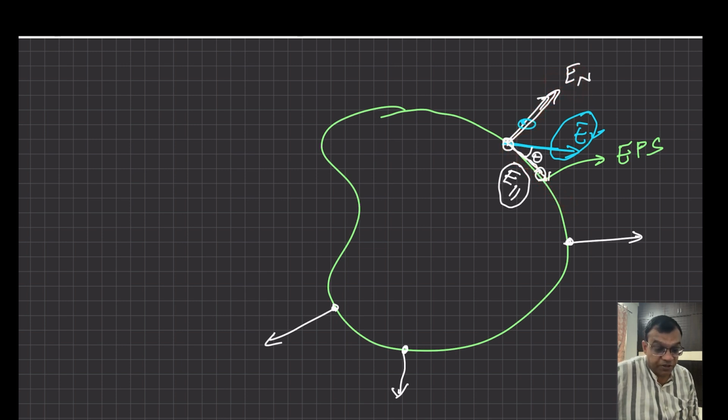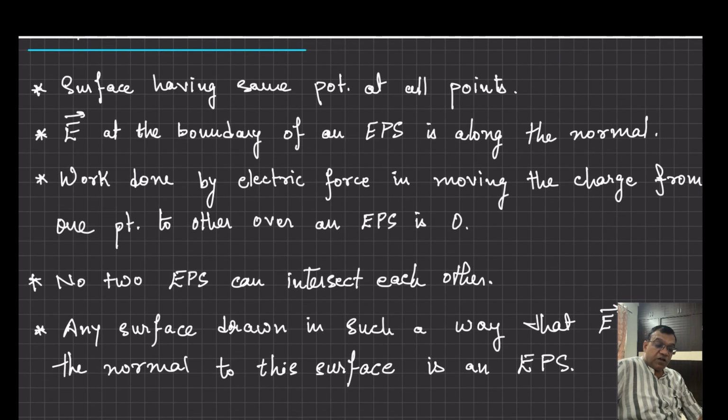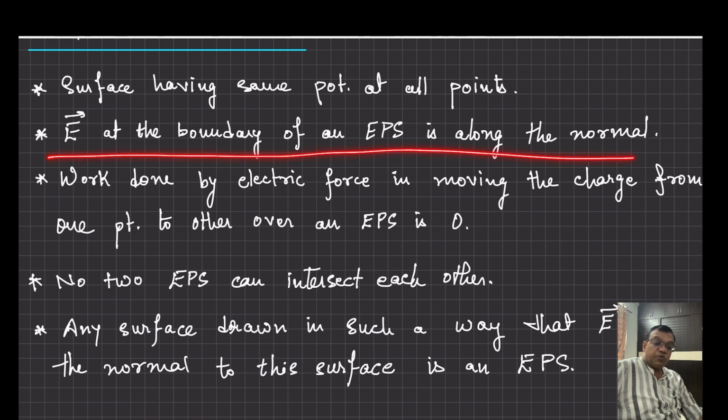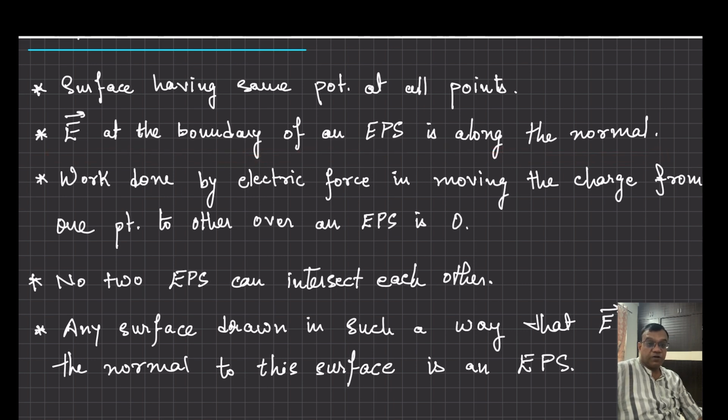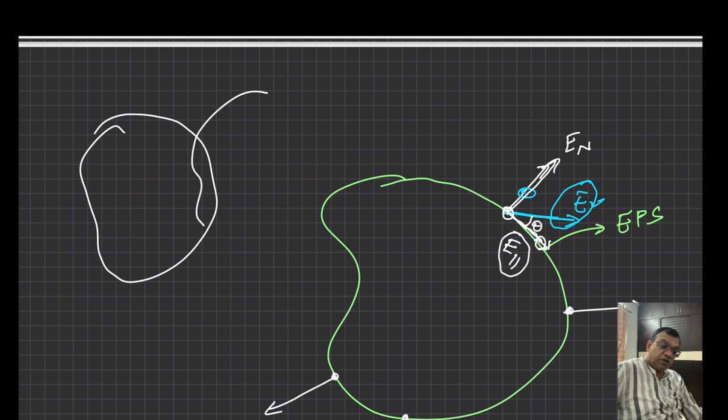So a very nice point: electric field must be along the normal to an equipotential surface. Electric field at the boundary of an equipotential surface is along the normal. Now another point: 2 equipotential surfaces cannot intersect each other. Why?